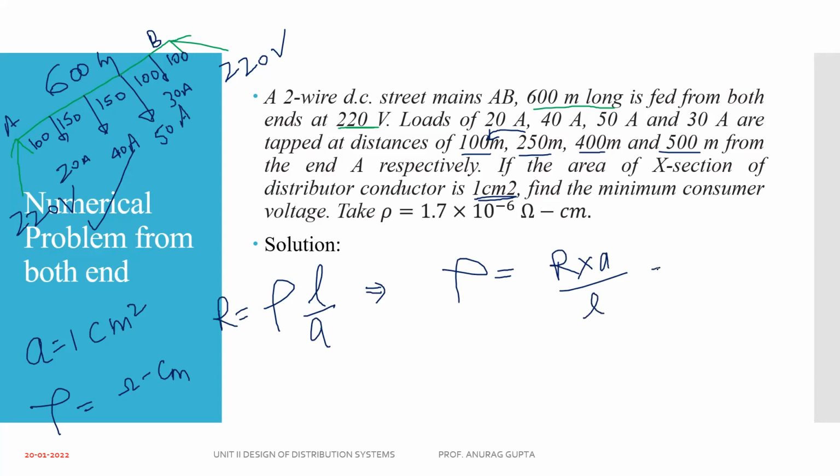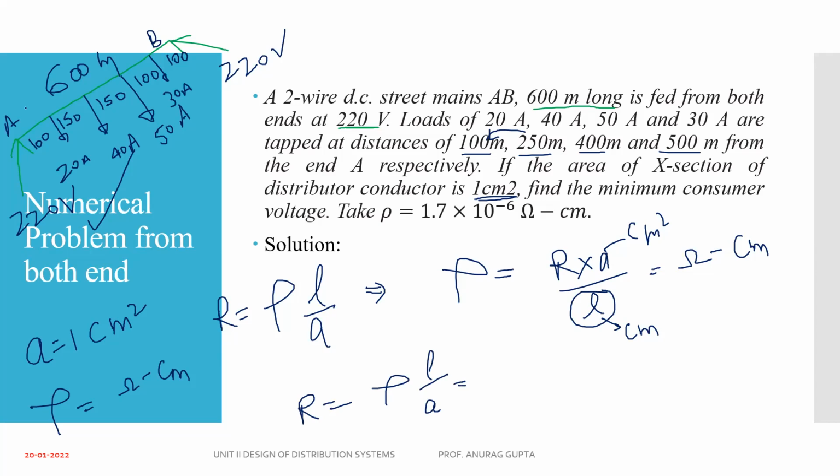So rho comes only in ohm centimeter. It means that area is also in centimeter square and length we have to take in centimeter. Clear? So keep in mind this thing perfectly. When you're finding R, at that time we are using the formula rho L by A.